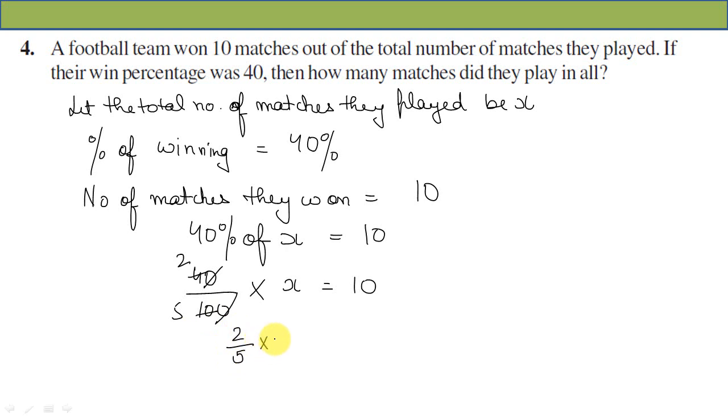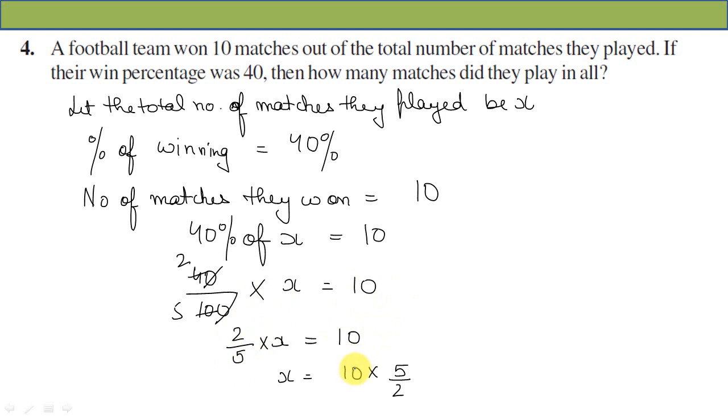Now 2 by 5 as a fraction will go there, or you can say this 2 is getting multiplied, वहाँ जाके divide हो जाएगा, 5 यहाँ पे divide हो रहा है तो वहाँ जाके multiply हो जाएगा. So this can be written as 10 into 5 by 2. और else what you can say कि ये fraction ही आप पूरी लेके जा रहे हो, divide करोगे वहाँ जाके तो into हो जाएगी reciprocal से, right?